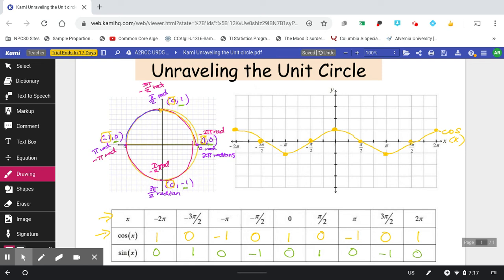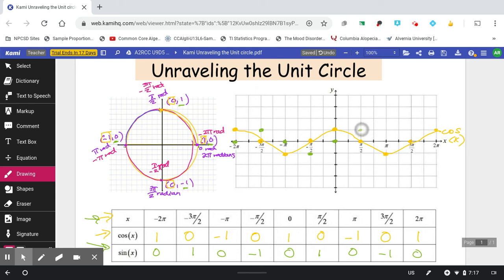Okay, so when I go ahead and graph this, now this is my x and my sine is my y. So I'm going to negative pi over 2, and I'm going to put it at the point 0. And then at negative 3 pi over 2, I'm up at 1. And then at negative pi, I'm back to 0. And then negative 1, and then 0.